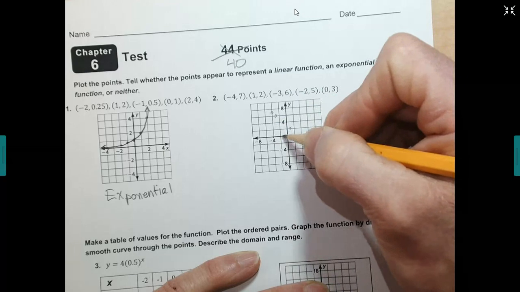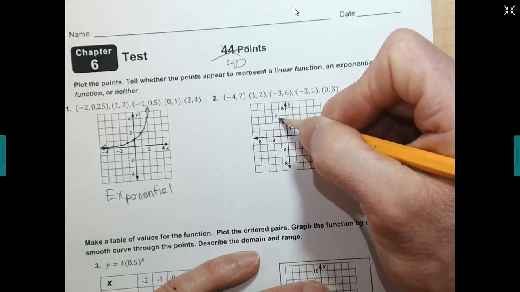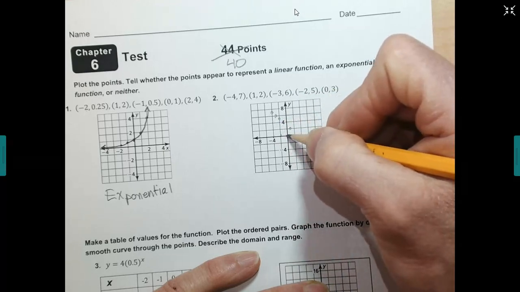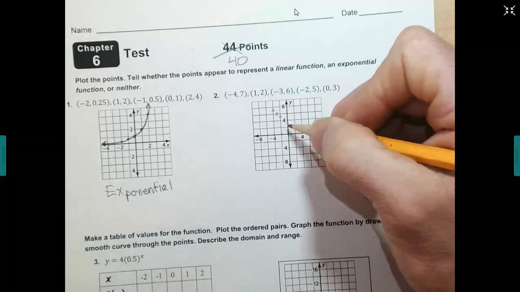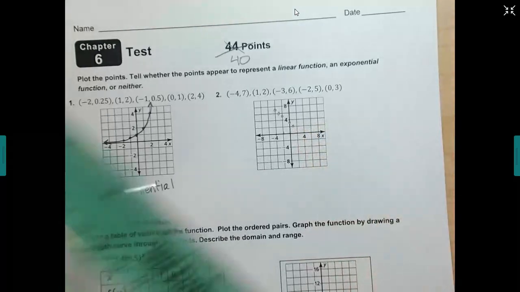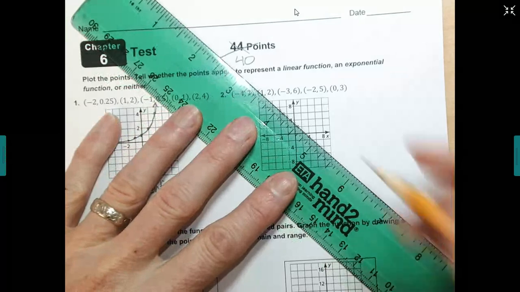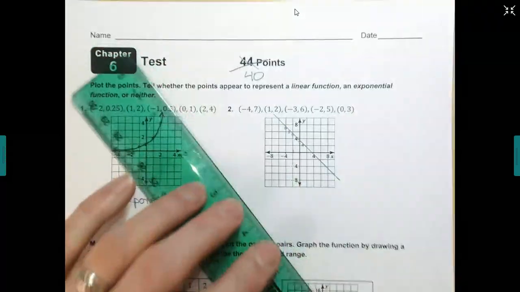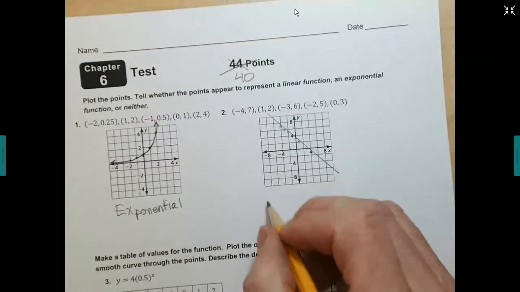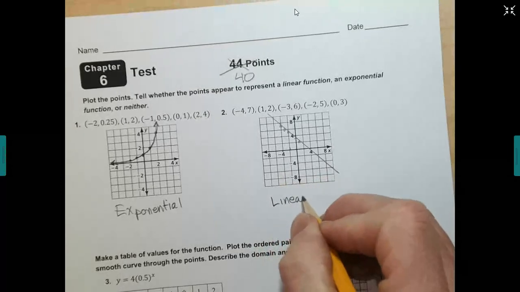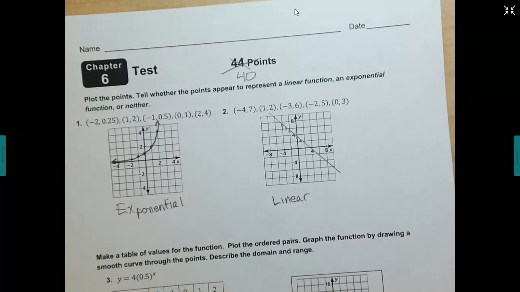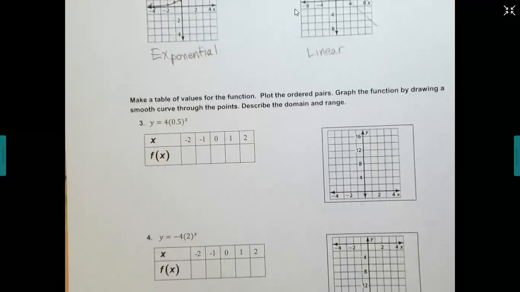I've got negative 2, 5. I've got 0, 3. Well, shoot. If I pull out my ruler, that is definitely a linear function. All right, there's a quick two points right there.